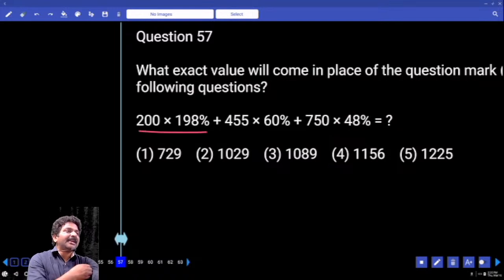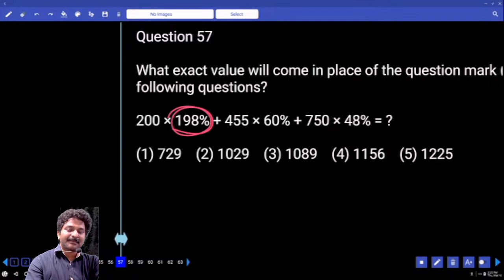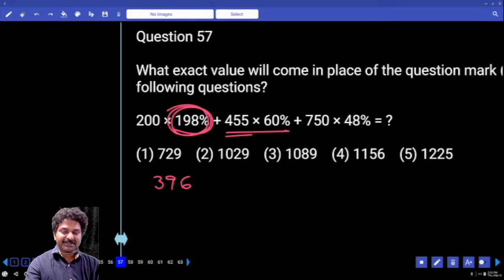200 into 198 percentage. Can I treat it as 200% of 198? That is 2 times only. I'll treat this number as 200 minus 2. 2 times, in the sense, 4 less than 400 only. 396. Next, 60% of 455. Correct?